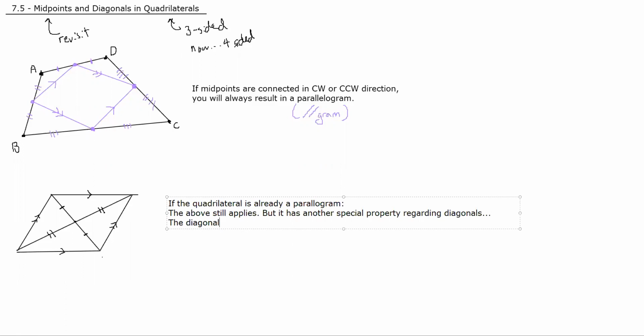The diagonals of opposite vertices will always bisect each other. And as a quick and shameless plug into our previous note, if you're not quite sure what the word bisect is, please go back to the previous section, the video that we've done. We've talked about what bisect means, okay?